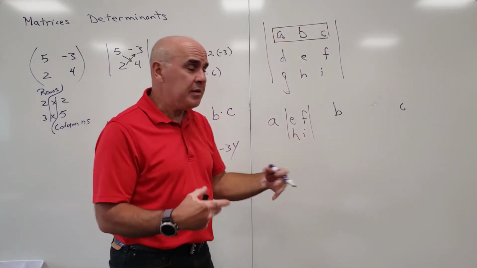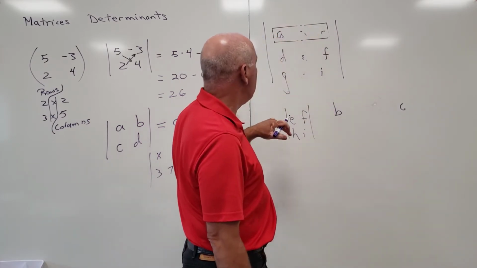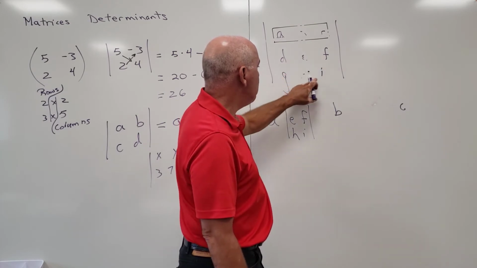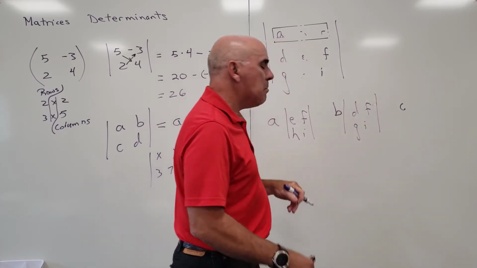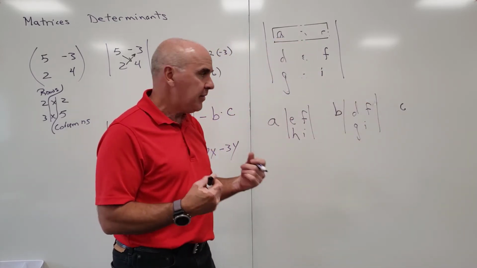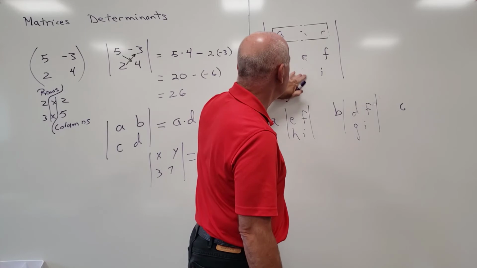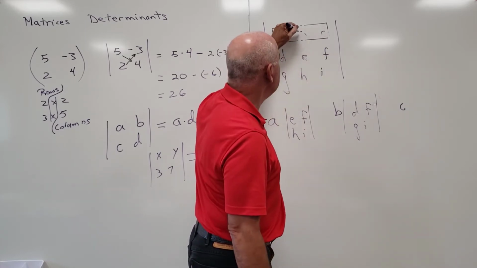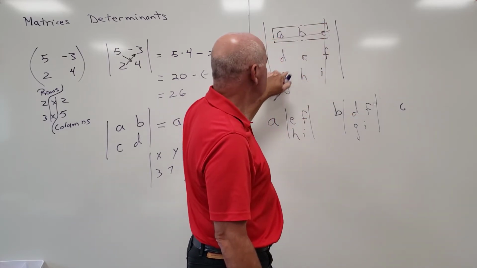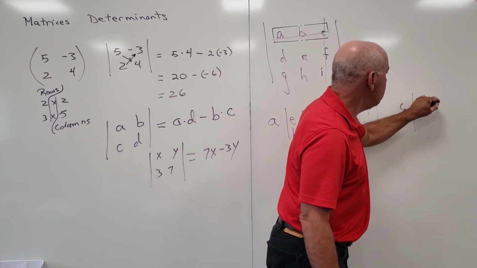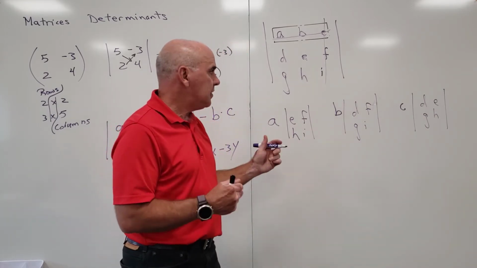The minor of B, I take out the column and the row that B belongs to, and I'm left with D, F, G, I. So D, F, G, I is the minor of B. And then finally, if I go to the C that was up here, then I take out the row and the column that C was in, then I get D, E, G, H. D, E, G, H. And that's the minor of C.